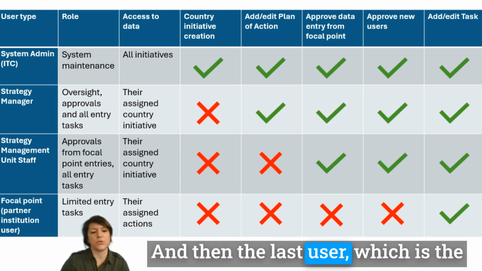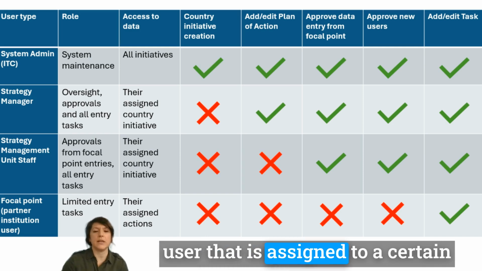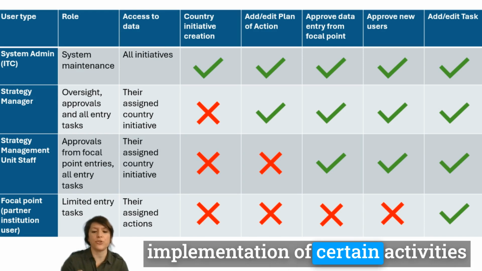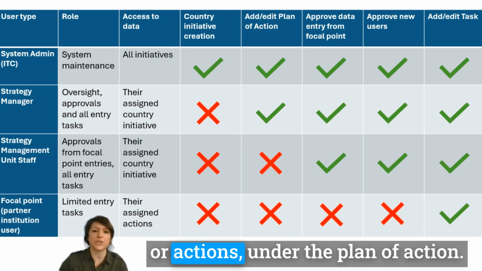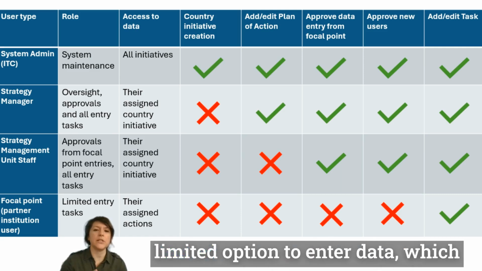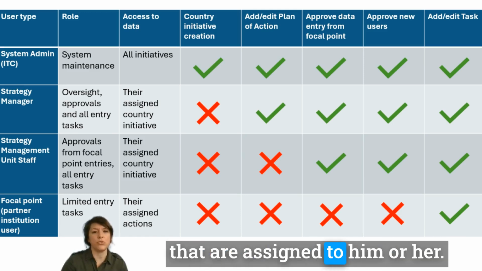And then the last user, which is the focal point user, is a type of user that is assigned to a certain institution that will help with the implementation of certain activities or actions under the plan of action. So this user will have just a limited option to enter data, which is only relevant to the actions that are assigned to him or her.